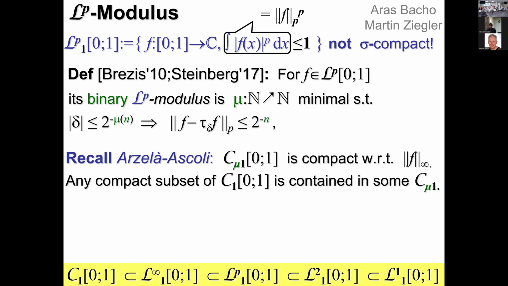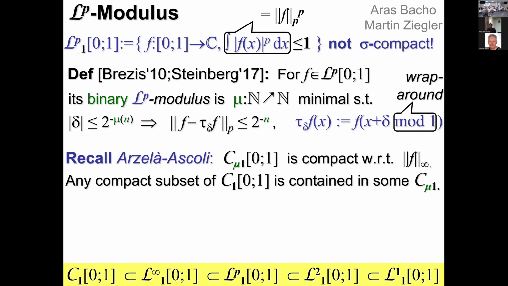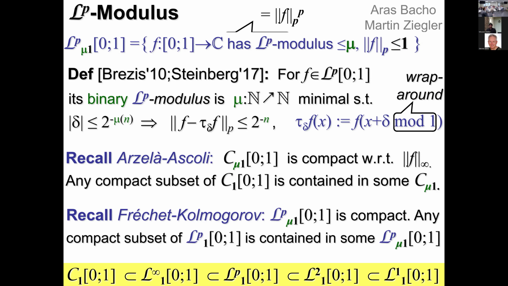The Lp modulus is in a sense a counterpart to the modulus of continuity, in the sense that modulus of continuity, according to Arzelà-Ascoli, characterizes compact subsets of continuous functions, and Kolmogorov characterizes compact subsets of the Lp space in terms of the Lp modulus.